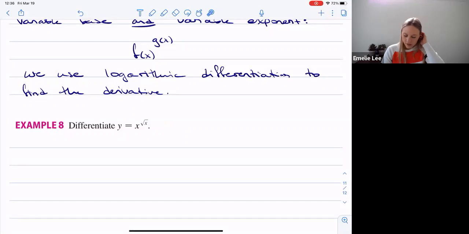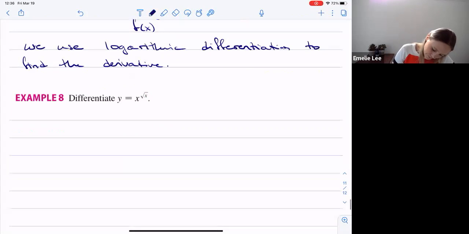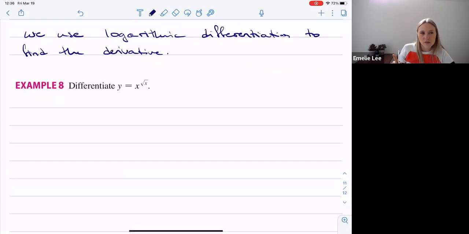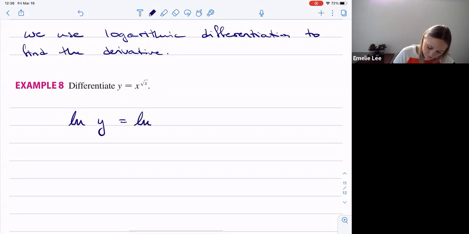Just like when we were solving for x in the exponent, the easiest way is to take the natural log or any log. But because we're going to take the derivative, we're going to use the natural log. So we take the log of both sides again. We get the ln of y equals the ln of x to the root of x.